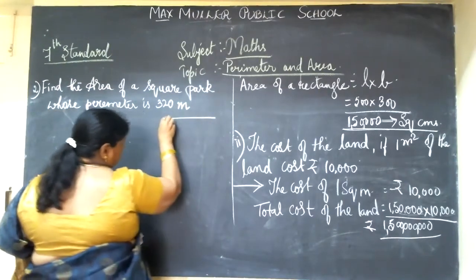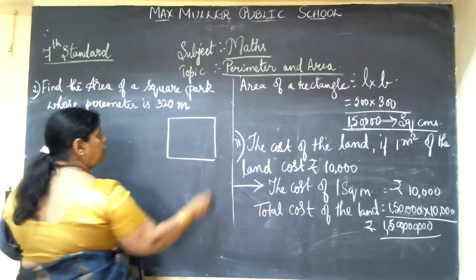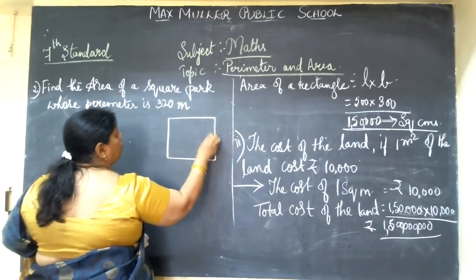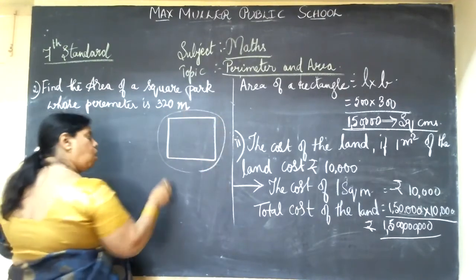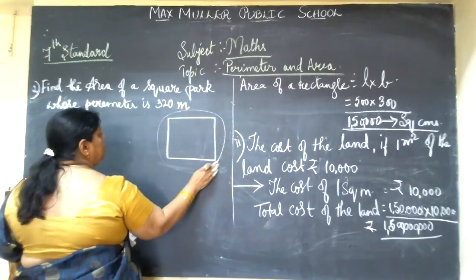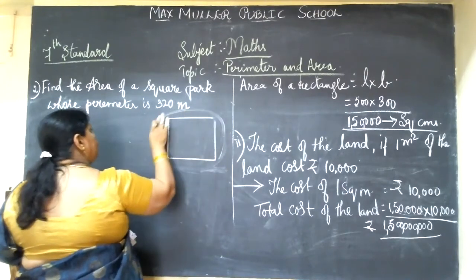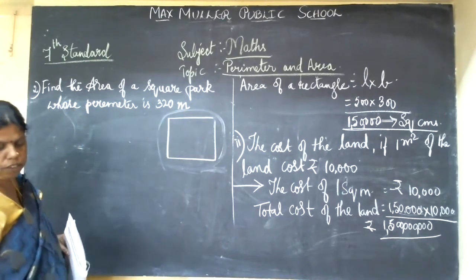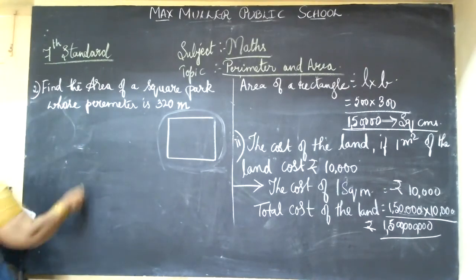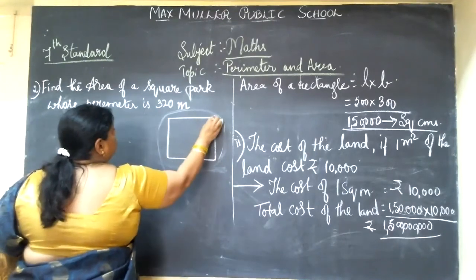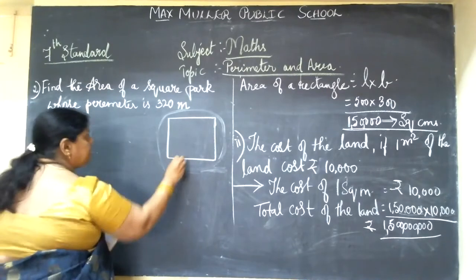So, they have given you the whole perimeter. It is 320 meters. Since it is the full perimeter, you have to find out each side.